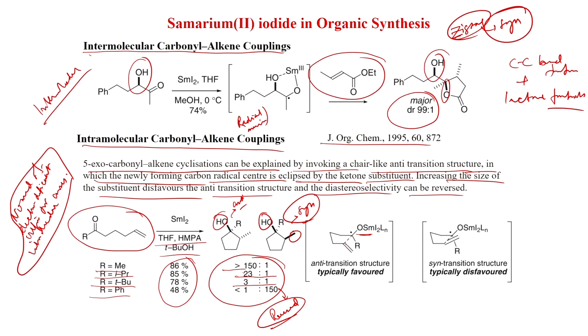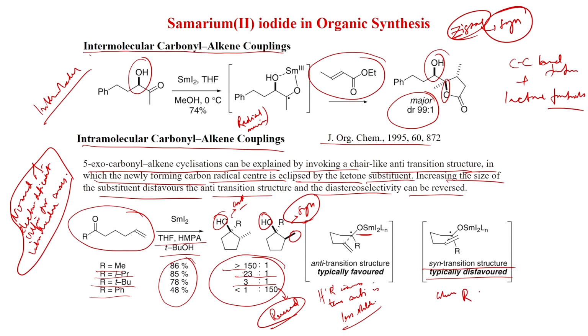However, if R increases, then anti is less stable. Then this interaction also, because R is with this double bond. And the syn transition state is of course typically disfavored, because this is on the same side as O samarium. So, this will feel the steric interaction, and this is favored when R is big.